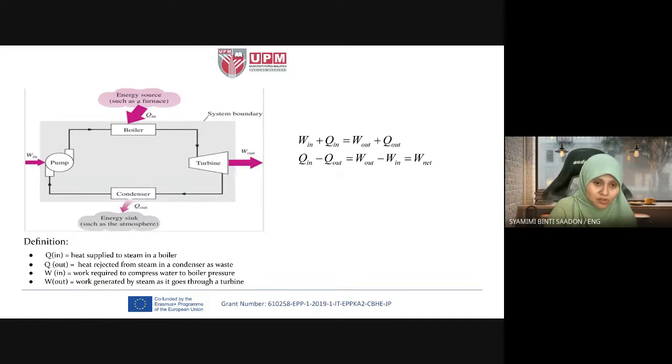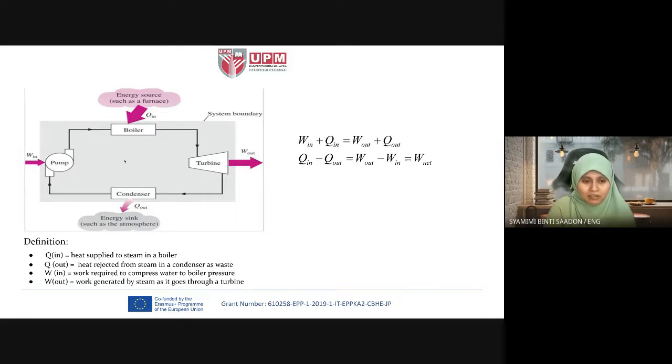For example, a furnace, a burner, something like that, to burn the boiler so that the boiler can heat up the water inside. So here is where we supply the heat to the boiler. This is the first thermal energy reservoir, the heat supply. And then we have the turbine.